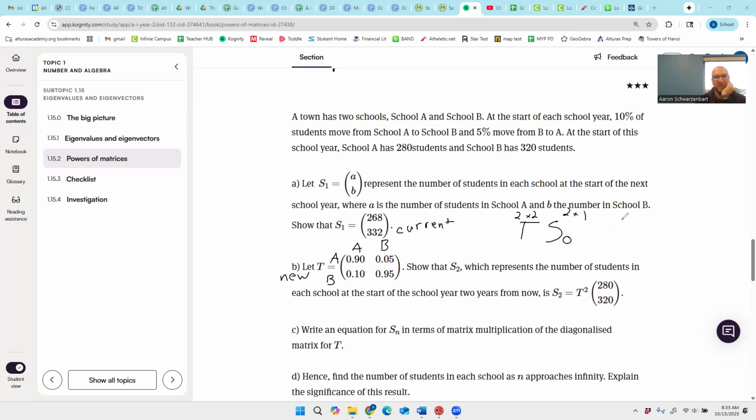So if I want S1, the easiest way to do it is actually start by setting up this T and just multiply by my starting state.